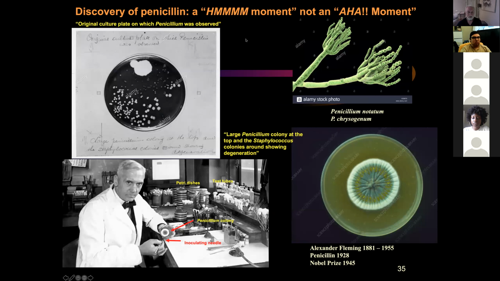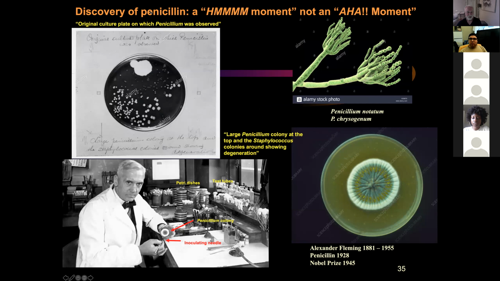And now, remember the first class period, I gave you that quote from Isaac Asimov, that most big discoveries are not recognized as aha, but rather, wonder why that happened.